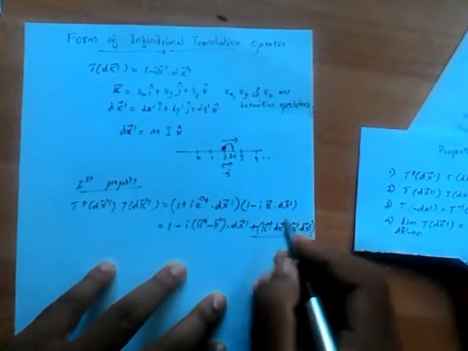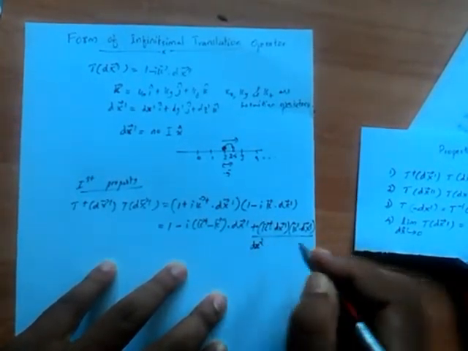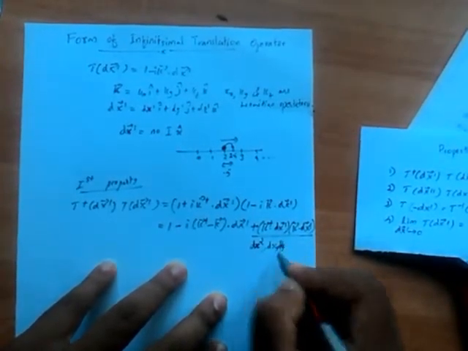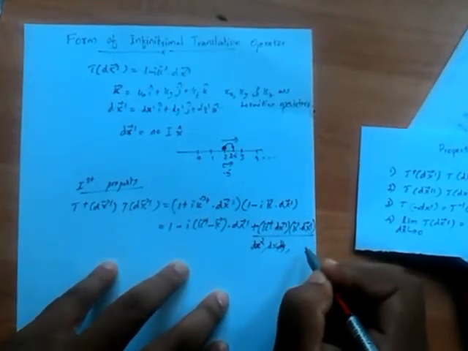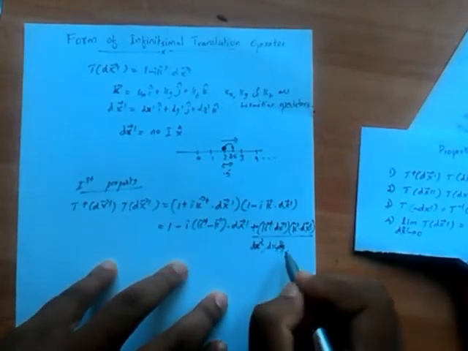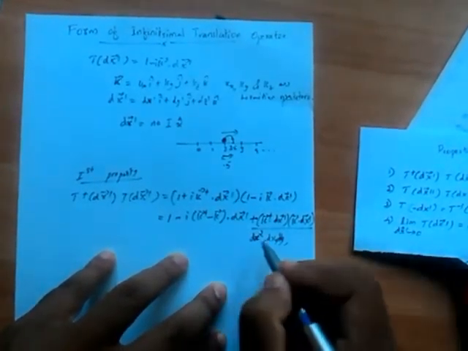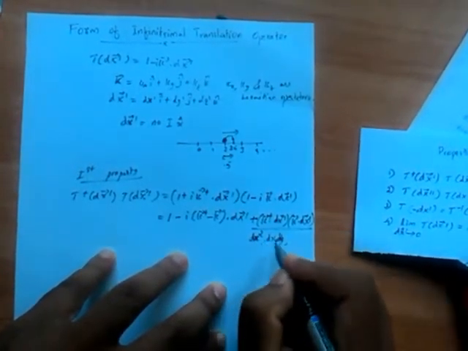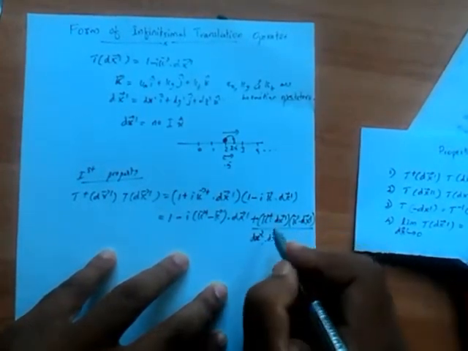This term contains dx squared, or dx dy, dy dz, or dx dz terms. dx, dy or dz are already too small, so when we take the square of these terms, they become even smaller.